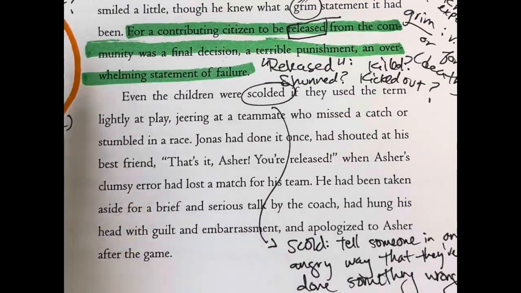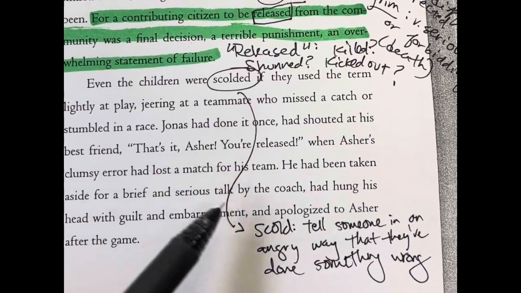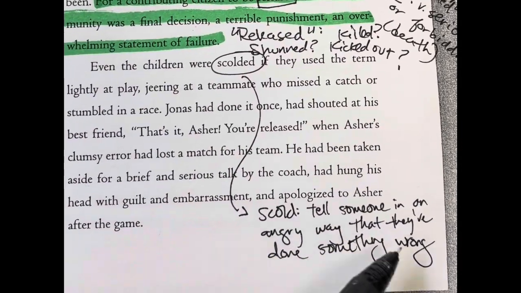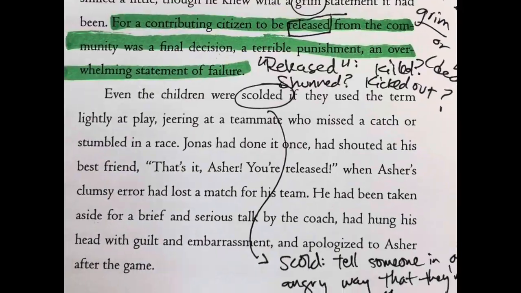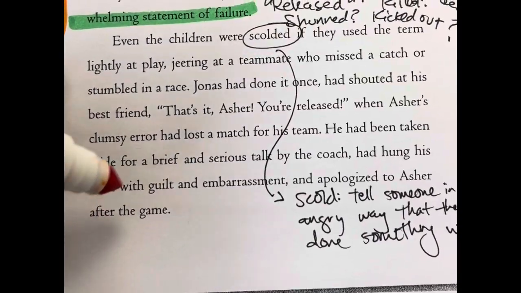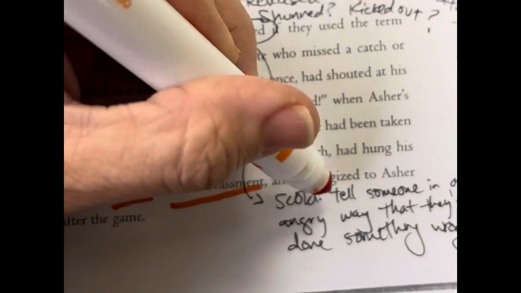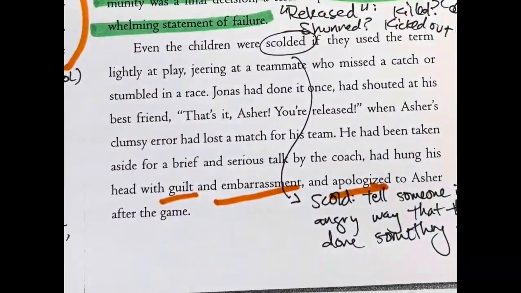All right, and then one other thing from this paragraph, scolded, to scold, like regañar, is to tell someone in an angry way that they've done something wrong. And how does Jonas react to that? He felt guilt and embarrassment, and he apologized right away.